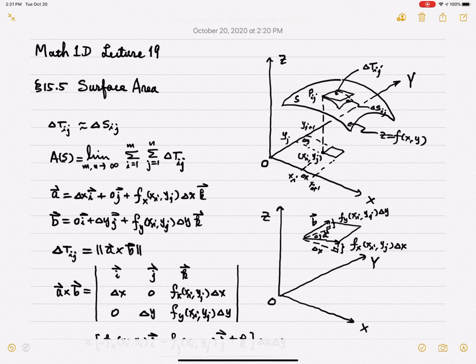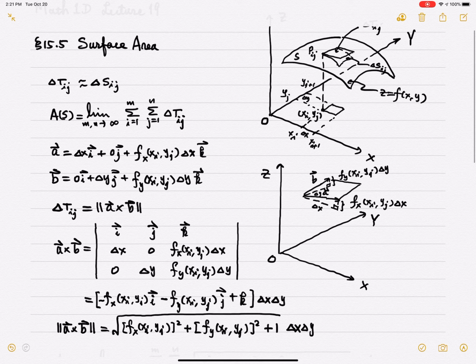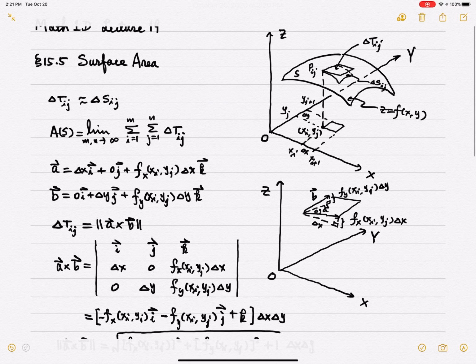So y0 equal to C, less than y1, less than y2, all the way less than yn equal to D. And then on the small patch, xi to xi plus 1 and yj to yj plus 1.